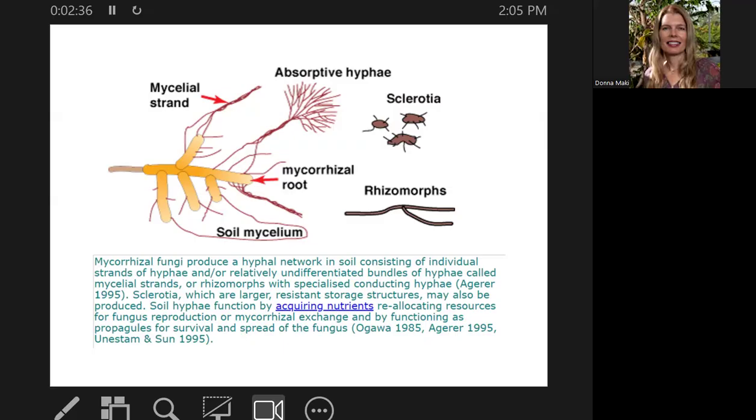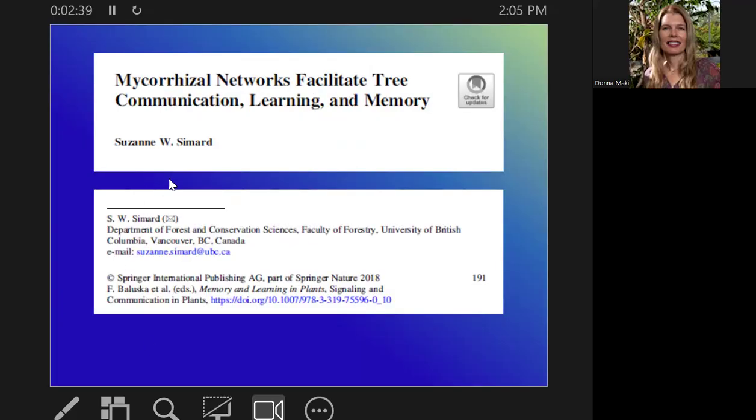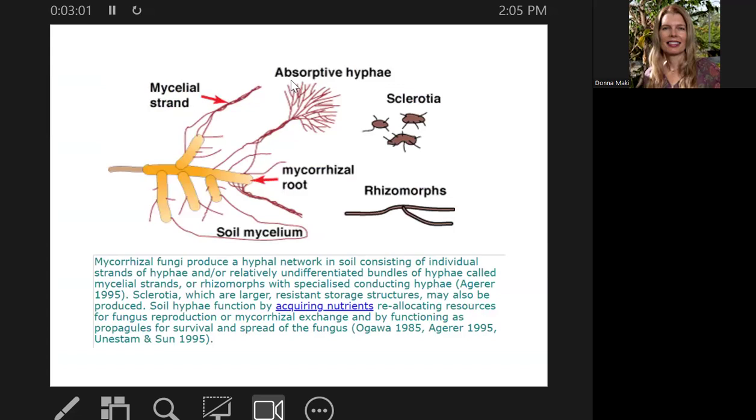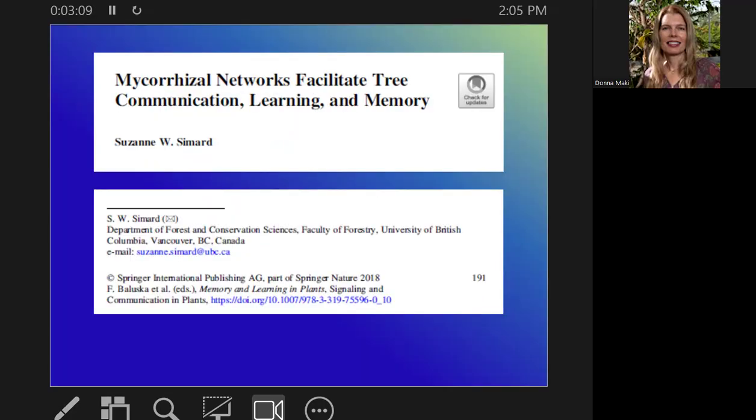With the work that Suzanne Simard is doing in forests out west in British Columbia, a lot of the focus is on Douglas fir trees, which form ectomycorrhizal relationships with fungi. So they tend to be dominated by ectomycorrhizal fungi. The ectomycorrhizal fungi have that mantle of fungal growth over the surface of the root, which is what's being shown here.